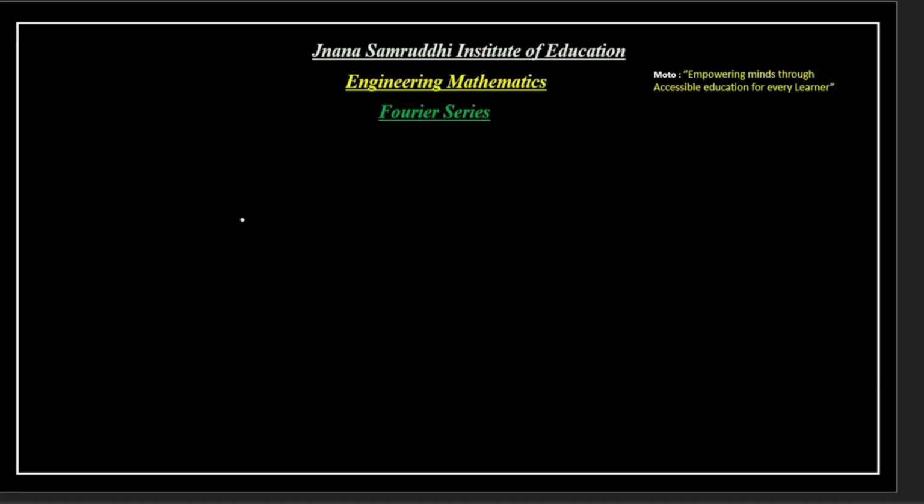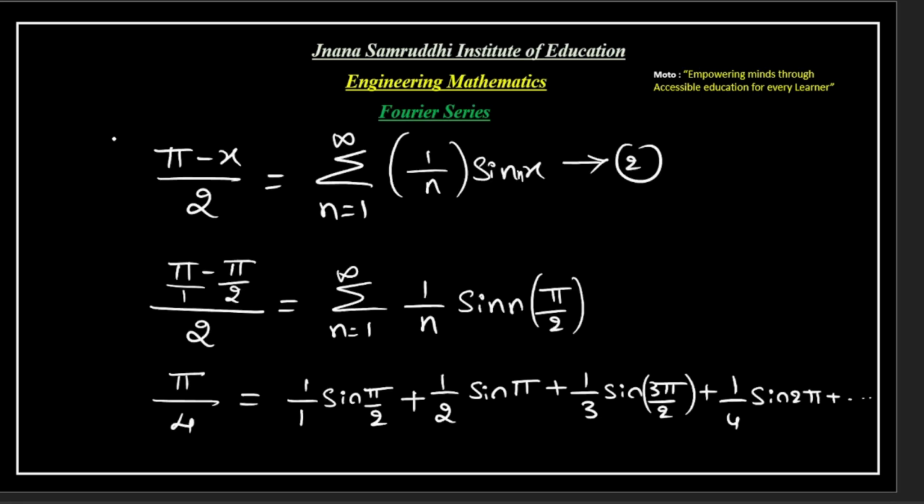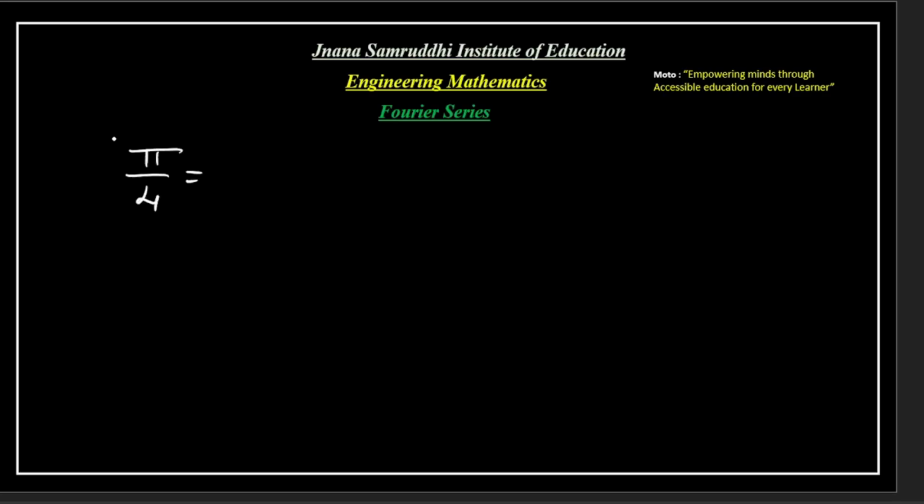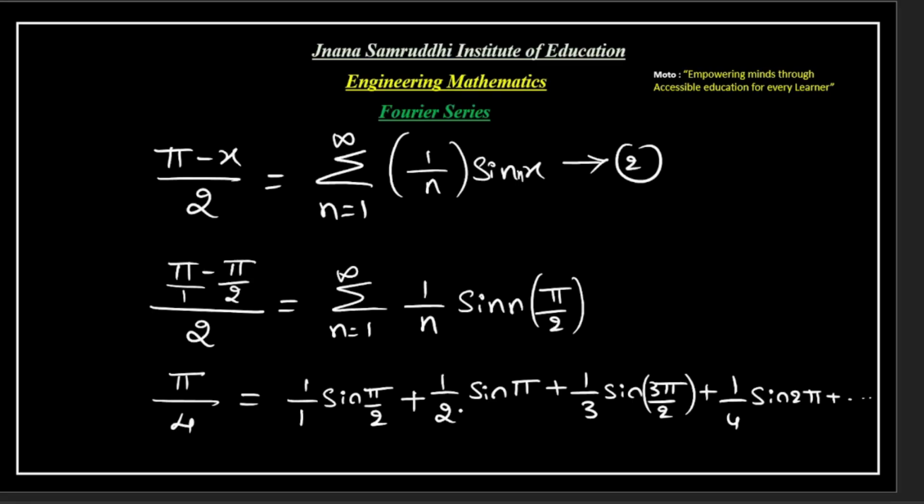Now pi by 4 equals 1 by 1 sin 90. Sin 90 is 1. Then sin 180 is 0. Sin 2 pi, sin pi, everything will become 0.